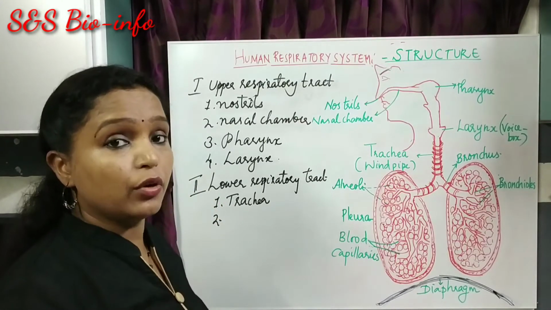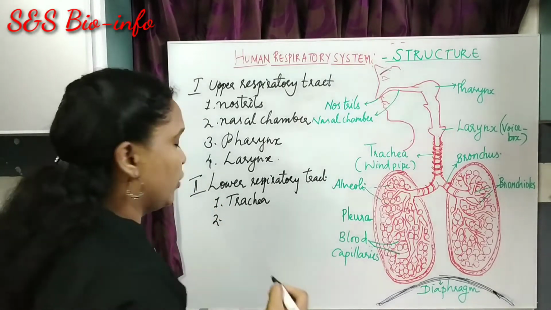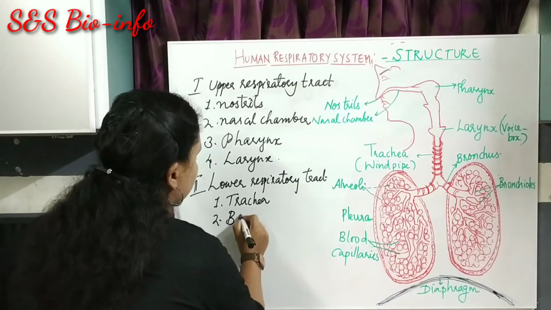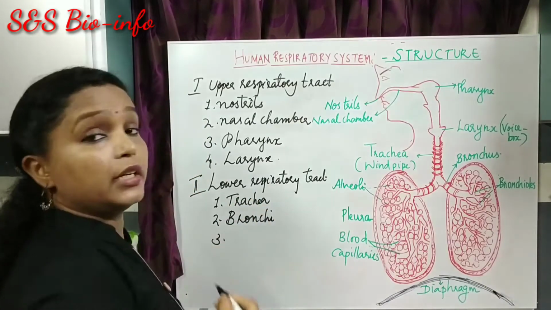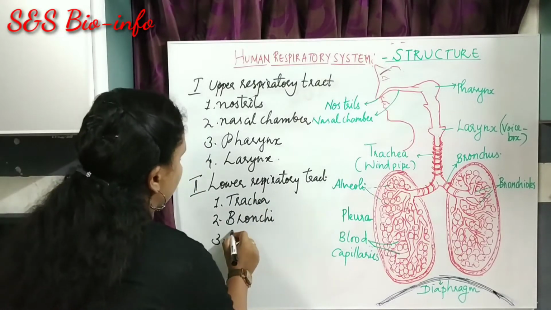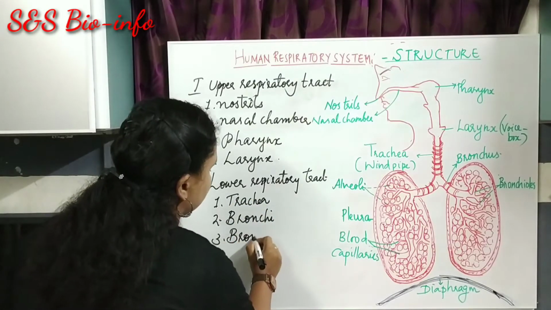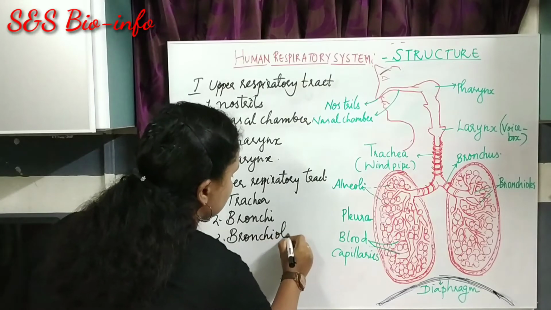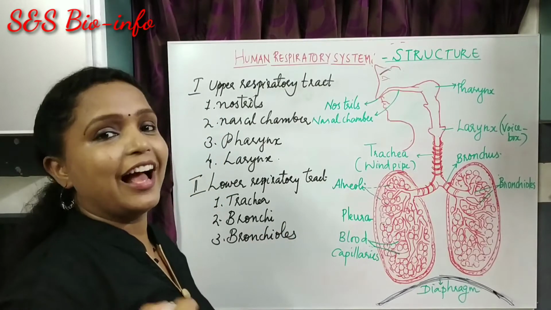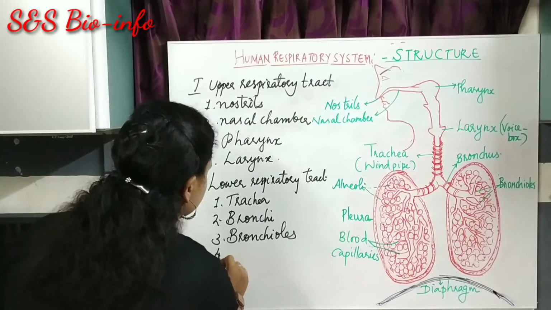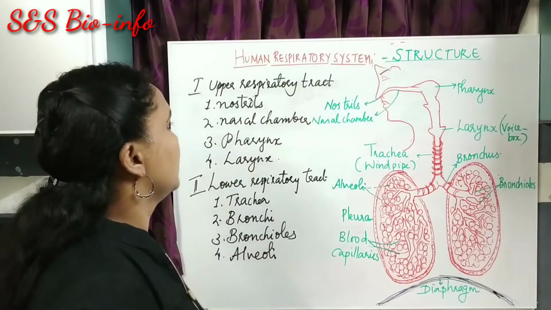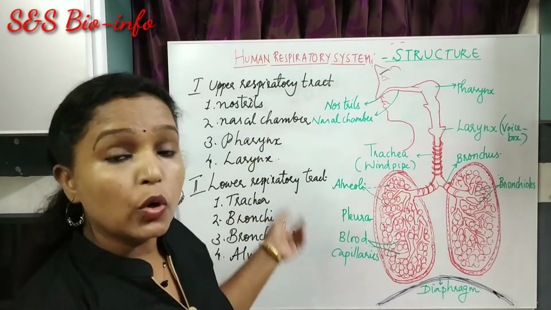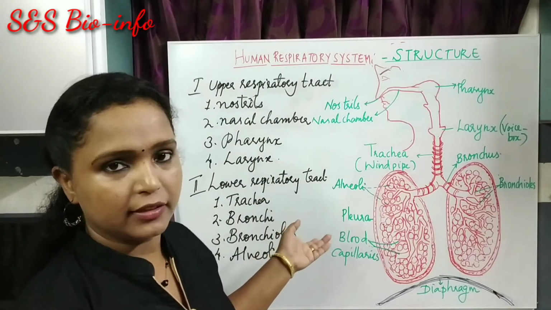Bronchus is the singular form, bronchi the plural form. Number three, bronchioles, and number four, alveoli. These are the organs involved in breathing.